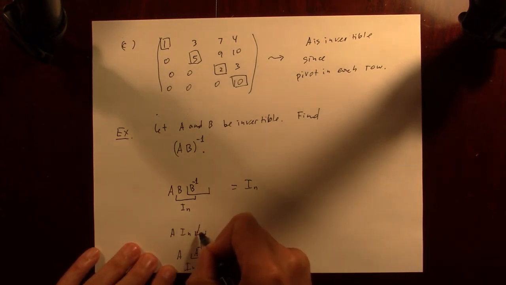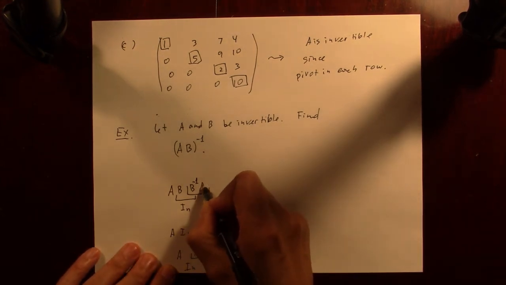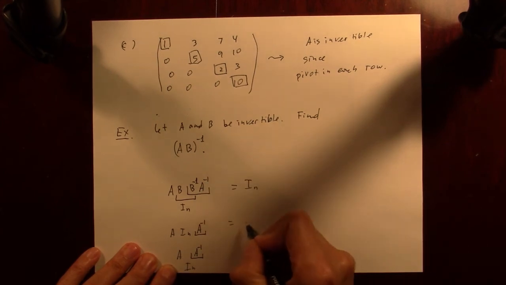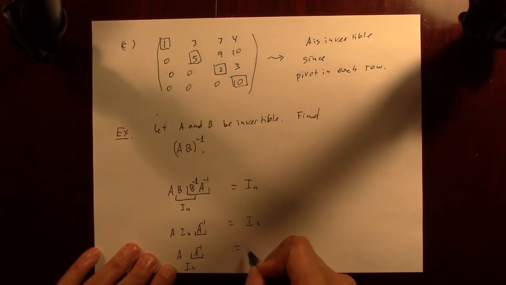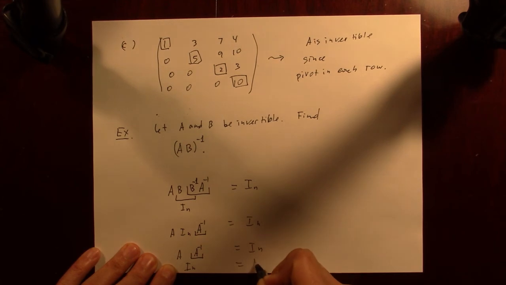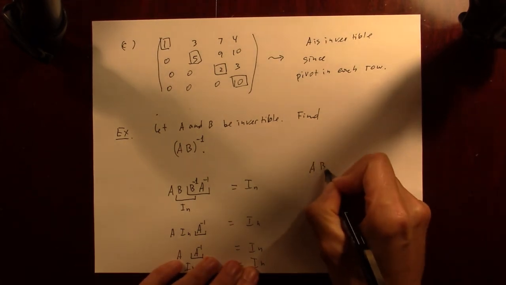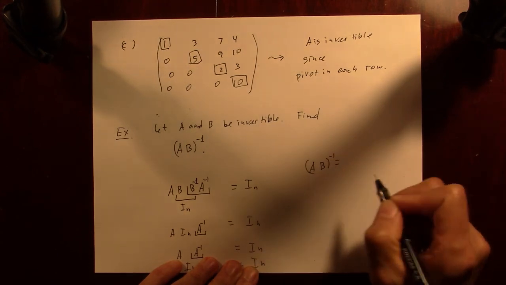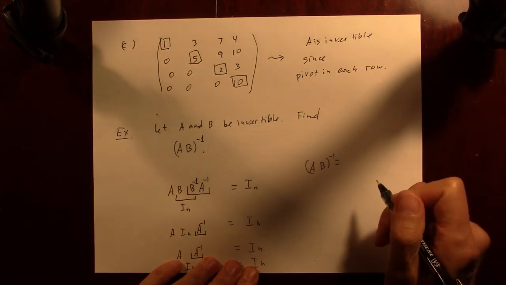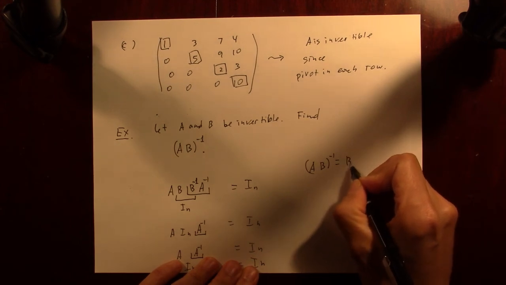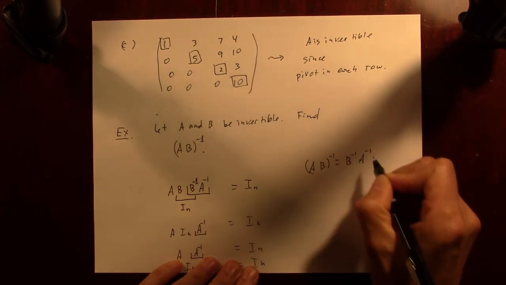So we wanted to have I_n, and that's exactly what we got. We got the identity matrix at the end. So the formula for the inverse of AB is B inverse times A inverse.